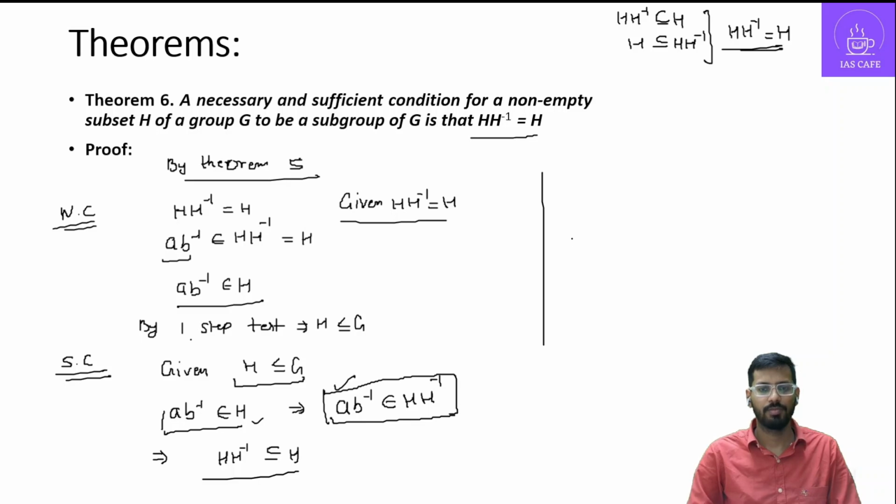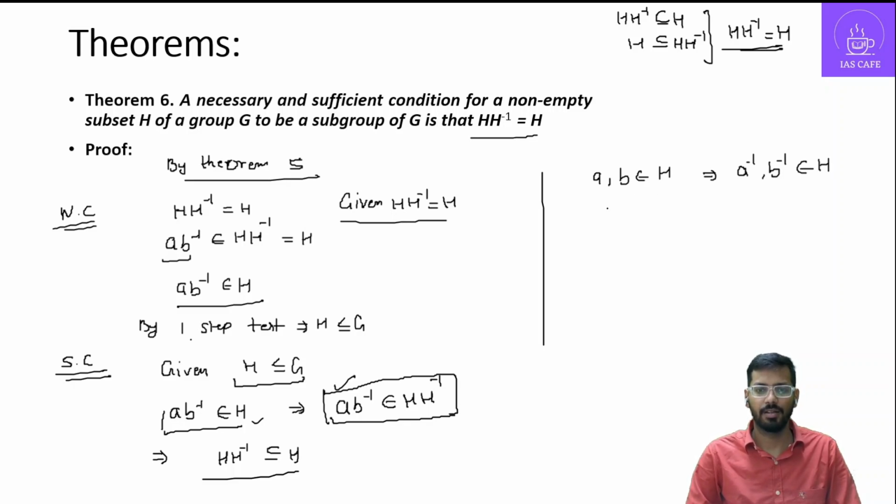Now, secondly, if we take two elements A and B belonging to H, that implies A inverse and B inverse would also belong to H because H is a subgroup.